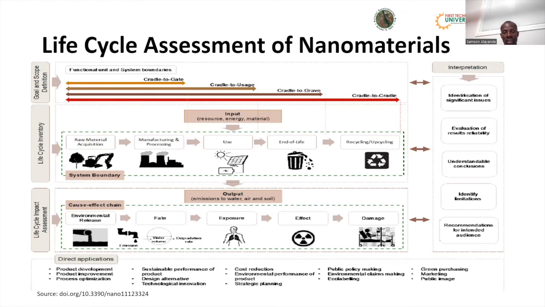Does it degrade? And if it doesn't degrade, does it transform into any other byproduct? And what's the impact on the ecosystem? Can it be recycled? Can there be reuse? Can there be upcycling? So you are looking at a whole life assessment of these.